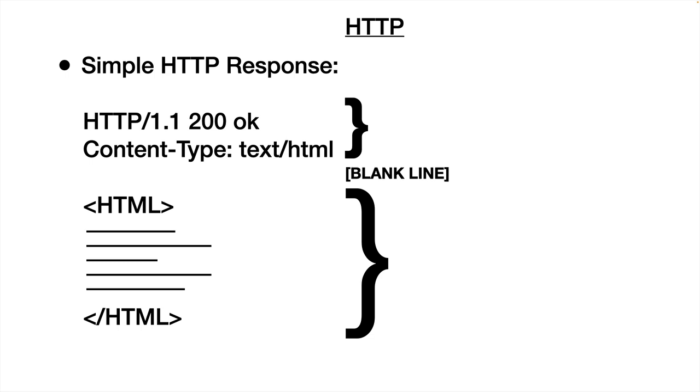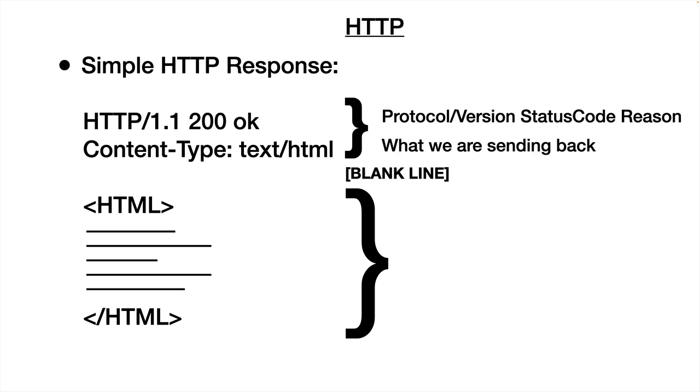So if we go in and look at these a little closer, the first one is the protocol slash version like we had before, and a status code. Anything in the 200s is success. And then the reason is kind of expanding upon that status code. So most of the time you're hoping to get a 200 OK, which means I was able to look up the web page and return it to you.